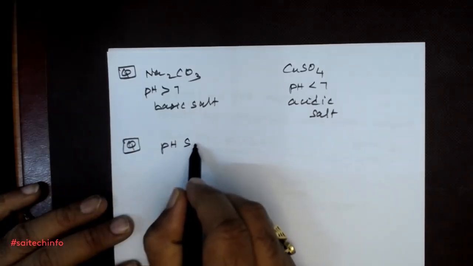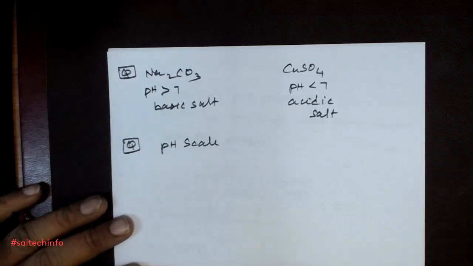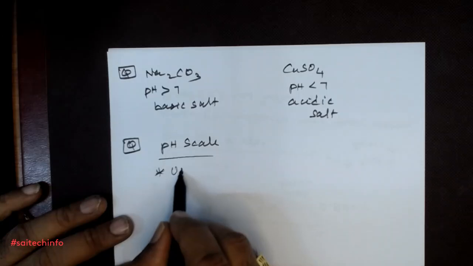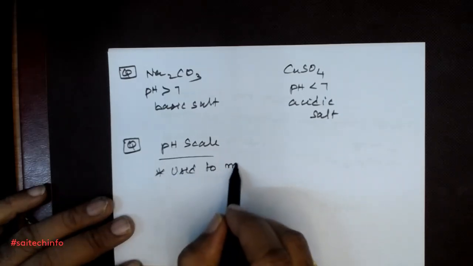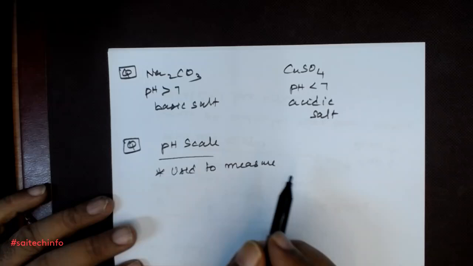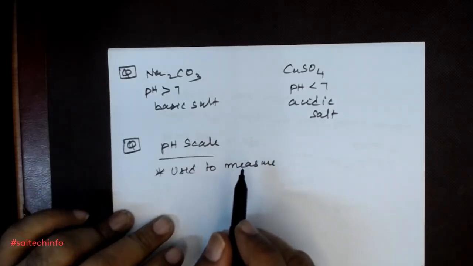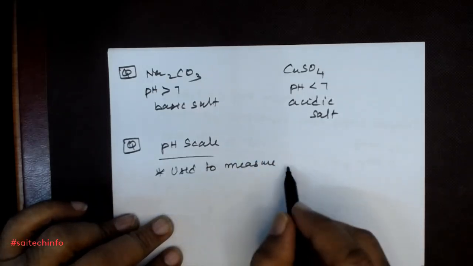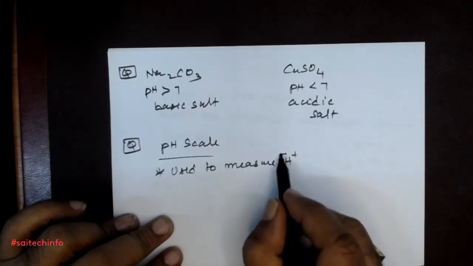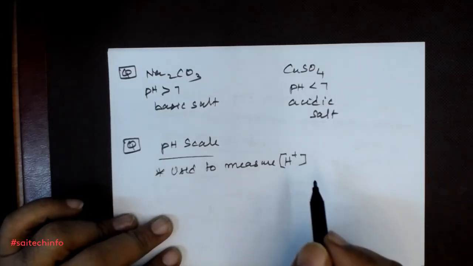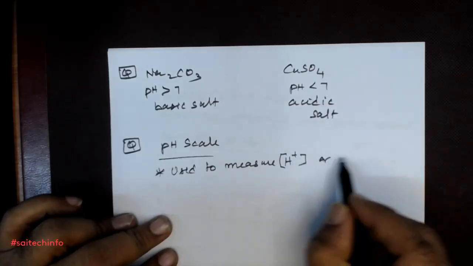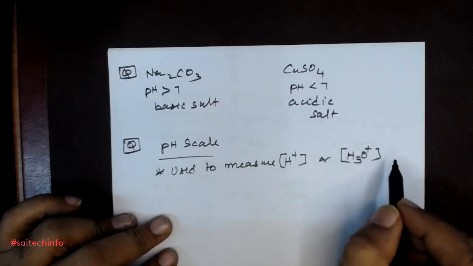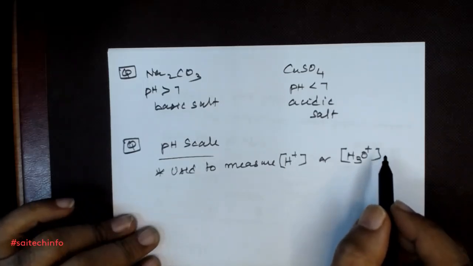pH scale is used to measure hydrogen ion concentration, or hydronium ion concentration, in a solution.